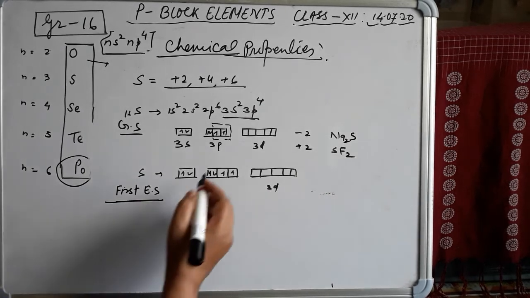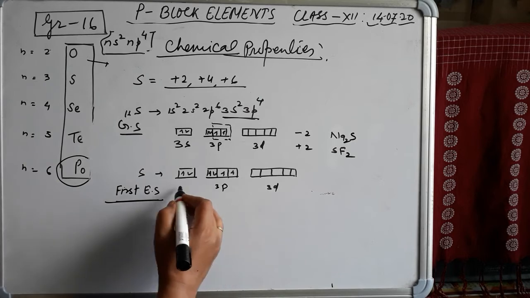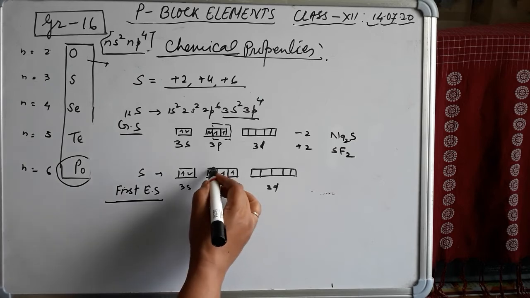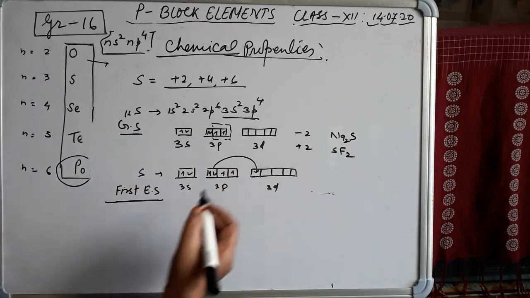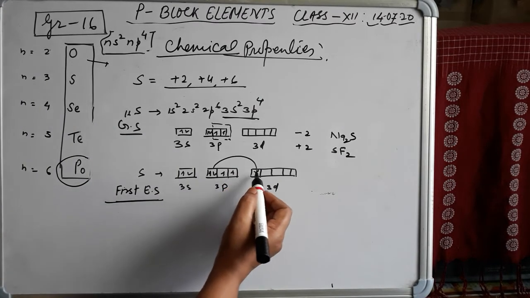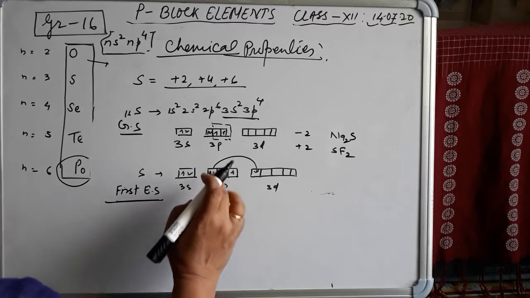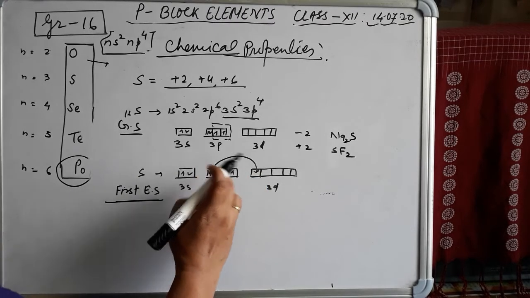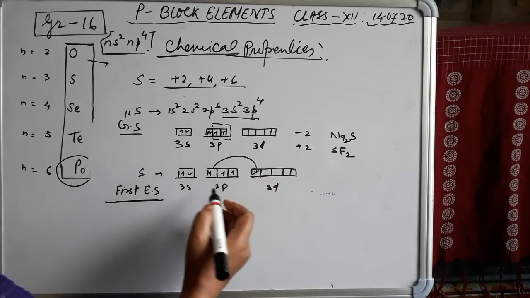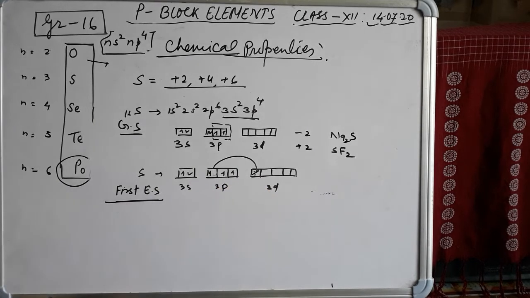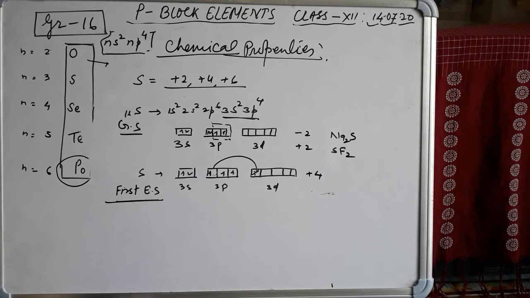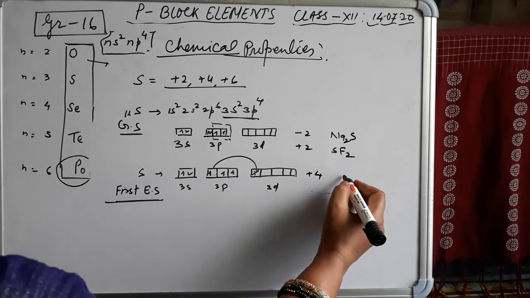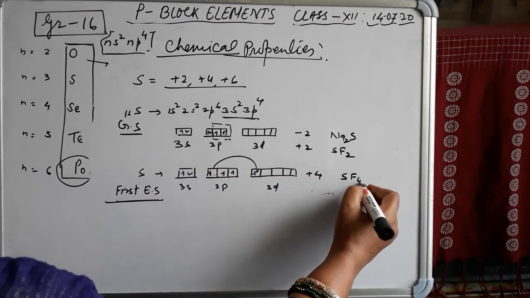In the first excited state, this electron jumps to this empty orbital. So it has 1, 2, 3, 4 unpaired electrons. In that condition, +4 oxidation state is shown by sulfur, and it forms sulfur tetrafluoride.